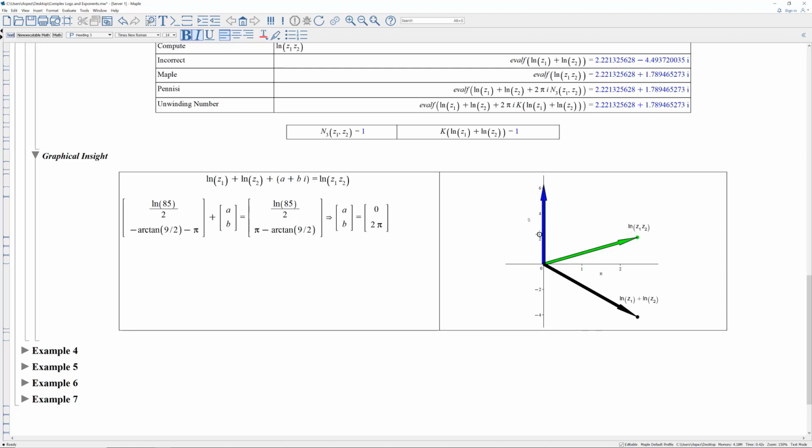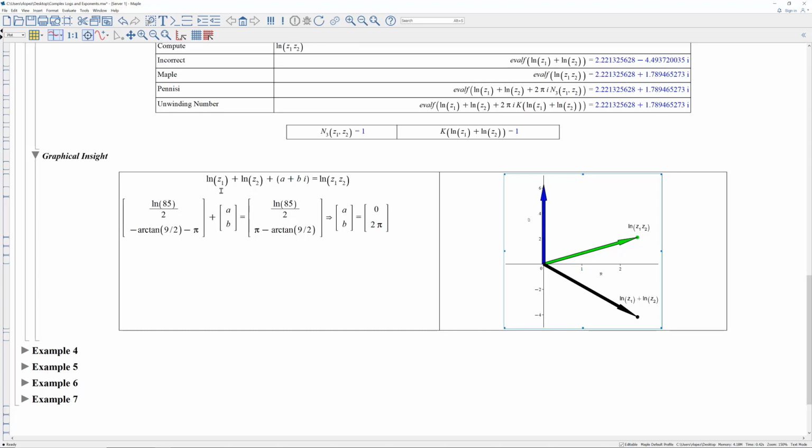This is the adjustment. Sum of these two, the blue and the black, give you the green. And here's the arithmetic that goes along with it. This is the incorrect. You've got to add something to that to get the correct.